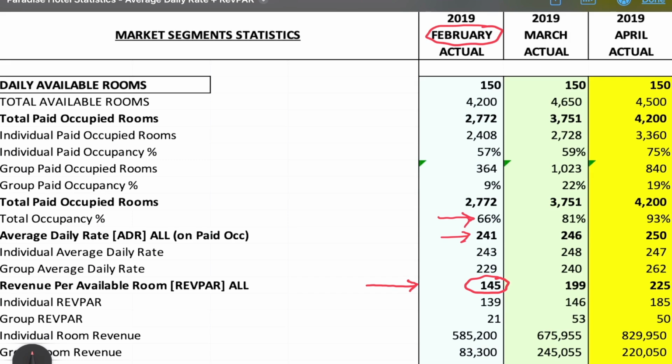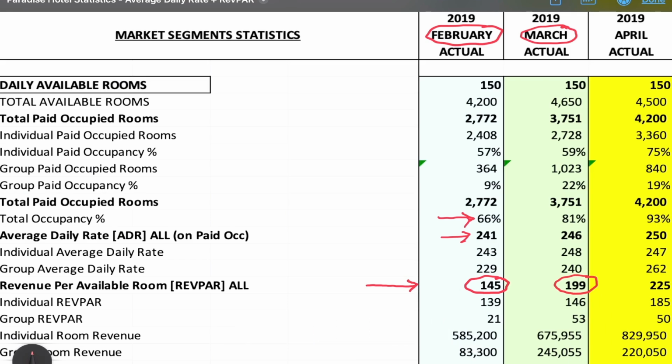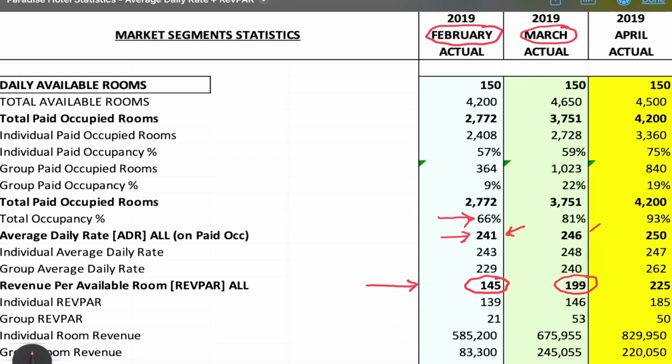So if you note that in the month of March, which is a standard month for our two videos earlier, notice how the RevPAR has jumped from $145 to $199. This is despite our average rate in February being 241 and in March being 246.